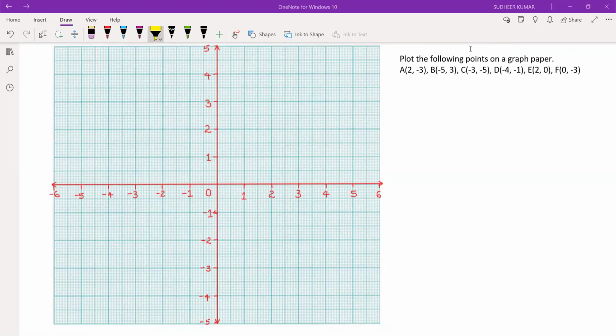Let's see this question. Plot the following points on a graph paper. So here it is the x-axis. This is the y-axis. And this is the origin.